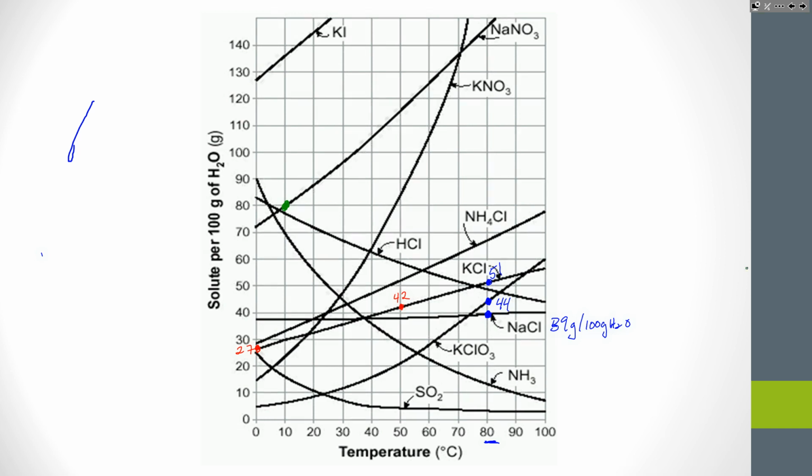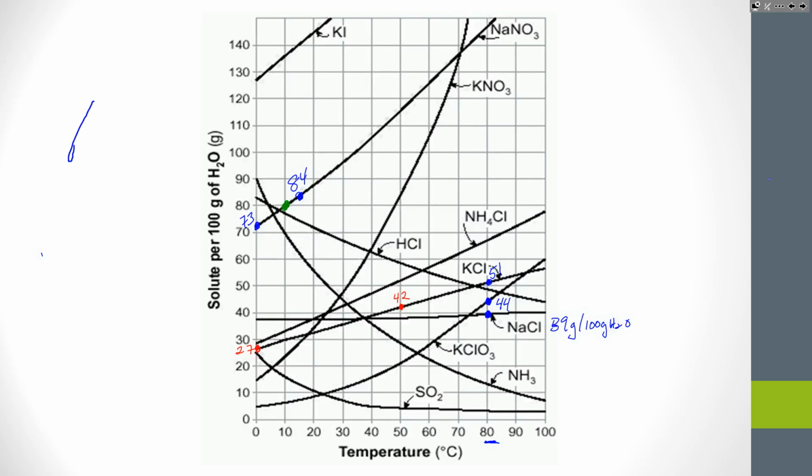And we are going to look at NaNO3 at 15 degrees and at 0 degrees. So 15 degrees Celsius, NaNO3. It's about here. I'm saying 84 grams-ish, 83, 84 grams. And at 0 degrees Celsius, NaNO3 hits about 70, I'm saying, let's say 73. So 84 and 73.